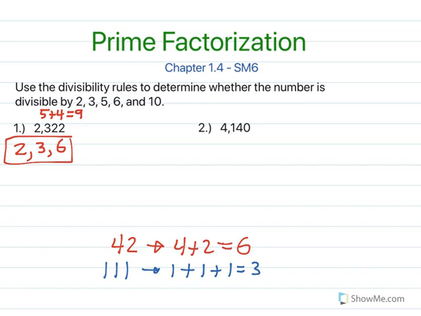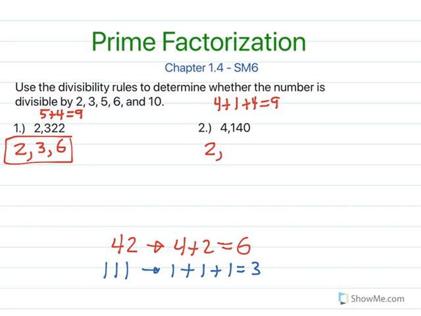Let's go ahead and look at number 2. Is this divisible by 2? Well, it ends in a 0. 0 is an even number, therefore it is. How about, is it divisible by 3? Well, I take 4 plus 1 is 5 plus 4 is 9.